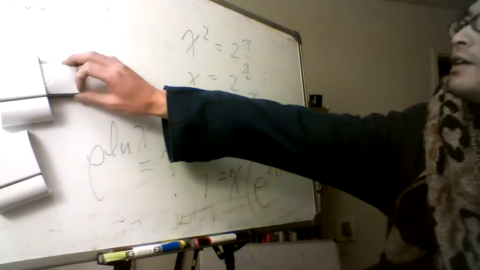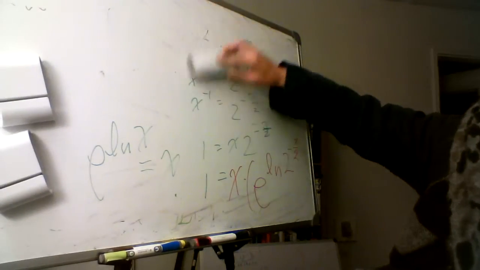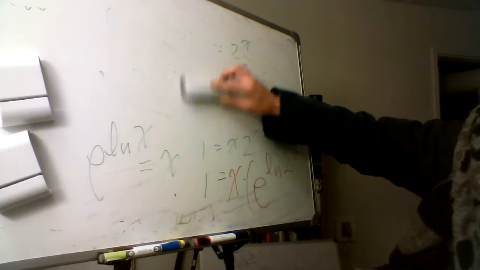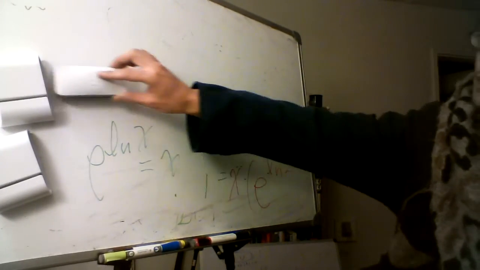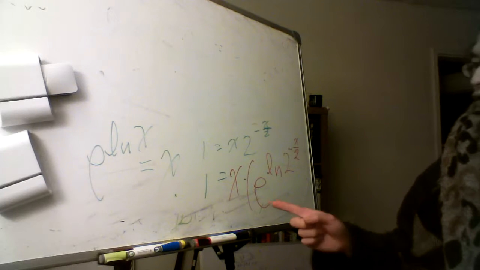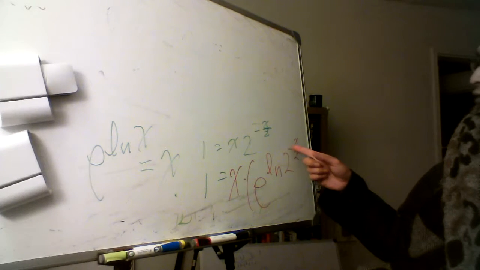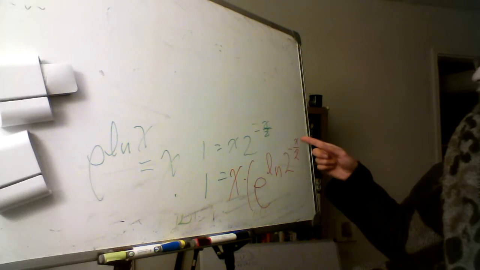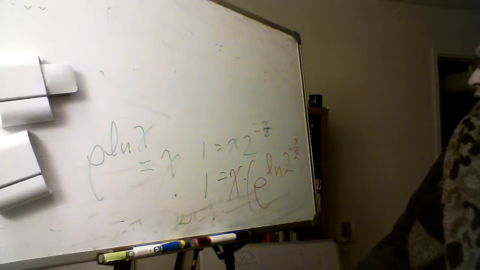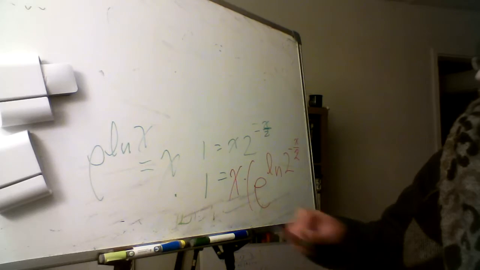All right, let's erase. We need some more room here. So here you have 1 is equal to x times e to the ln 2 to the minus x over 2. My goodness, it's not that difficult, okay?